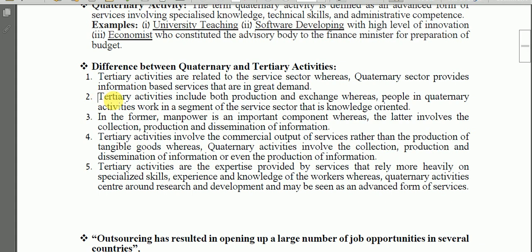Then tertiary activities include both production and exchange, whereas people in the quaternary activities work in a segment of the service sector that is knowledge oriented.